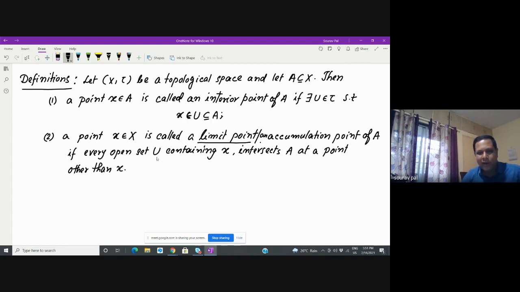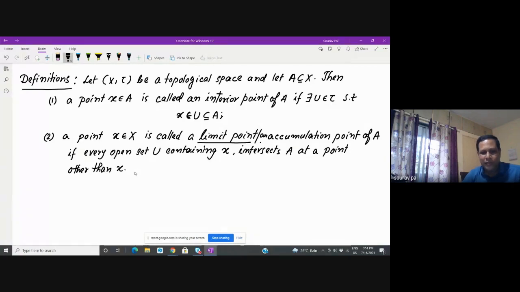And how is it defined? In the case of an interior point, there exists an open set. Here it happens for every open set. If you have any open set U that contains x, that open set U must intersect A at a point other than x.